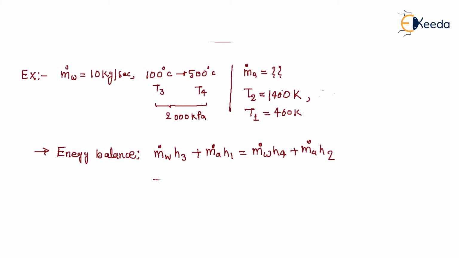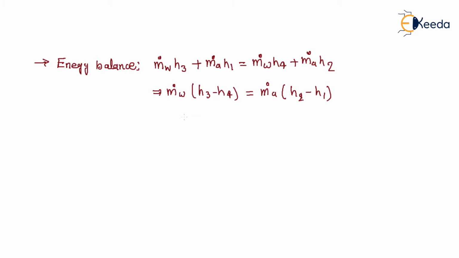So you have mass of water times H3 minus H4 equal to mass of air times H2 minus H1. You may also write it in reverse manner, no problem.